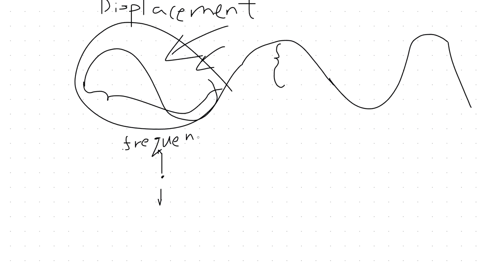So basically in 1 second, how many of these oscillations happen? And the unit for frequency, we use hertz.